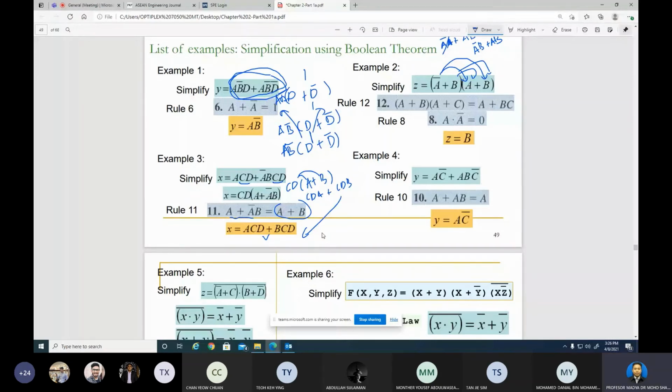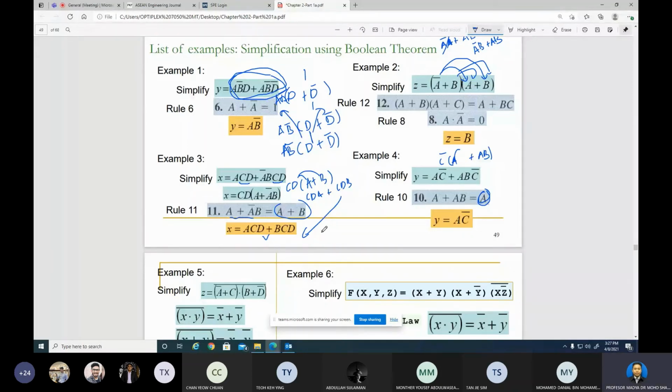You can use rule number 10: A plus AB equals A. So we maintain the A, and we have C bar here. That's why you get the answer A C bar.